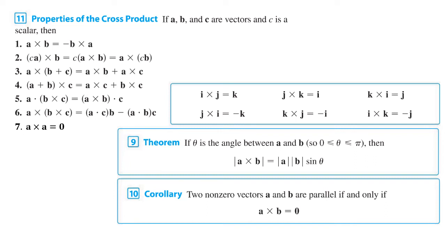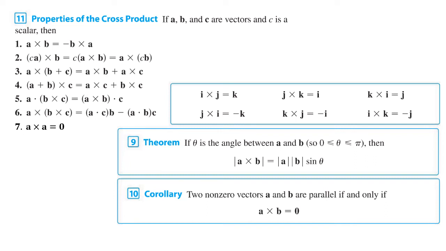If you do a constant multiple, you can put that constant multiple anywhere in there. Your associative and distributive properties work basically how you think they would. If you do a cross b plus c, you could distribute the a on each one and do a cross b plus a cross c. Same way going the other direction with the c's.